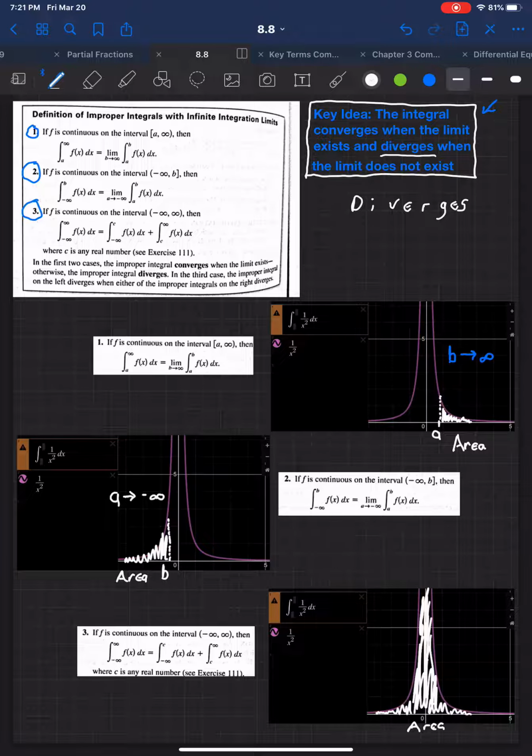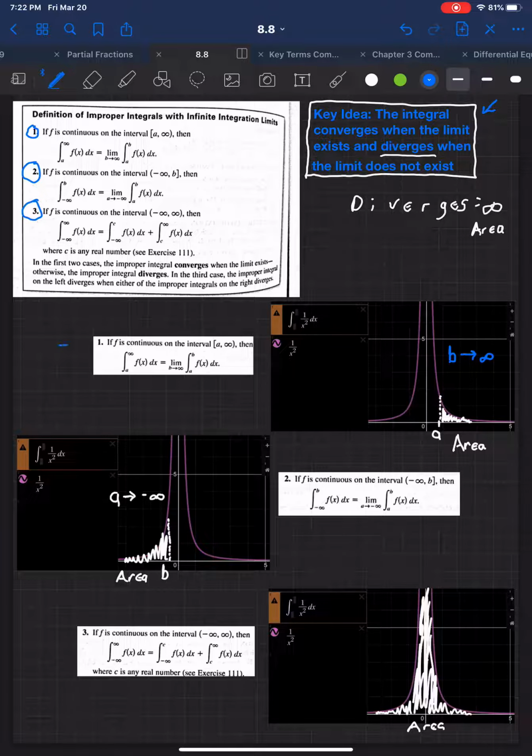For our purposes, diverges is an infinite area. How's that? So if the area under a curve is infinite, then the integral diverges and the limit does not exist. That's the key idea. Now, let's take a look at each of these 3 improper integrals one by one.